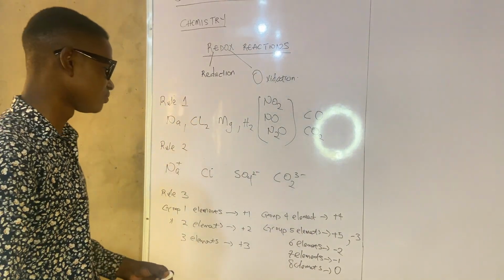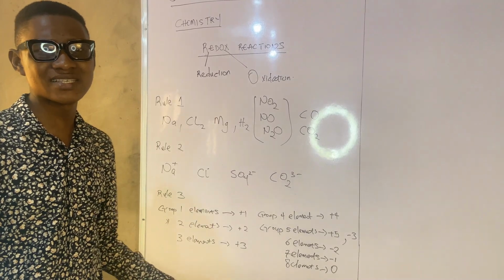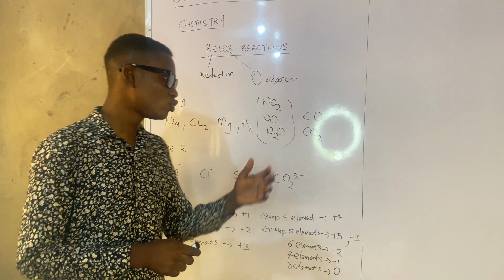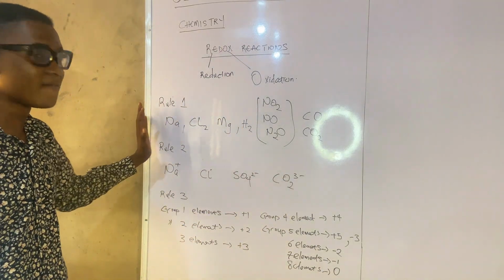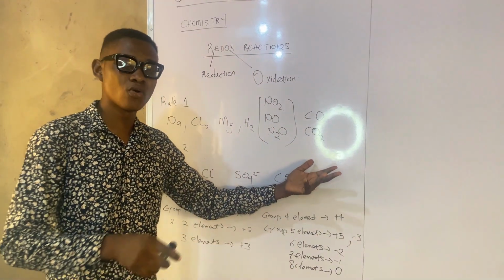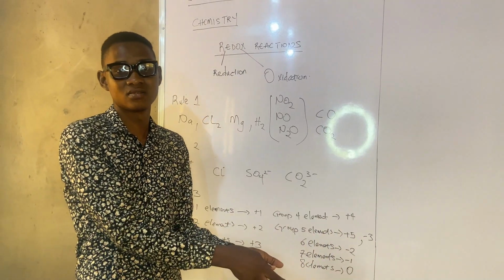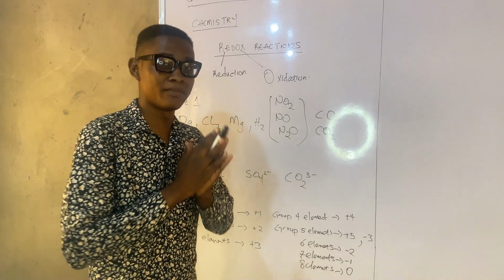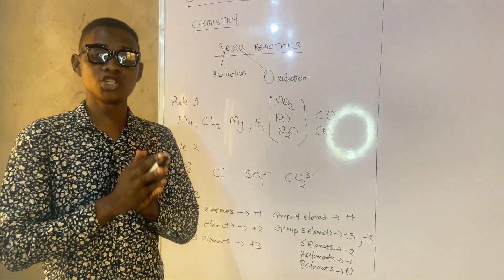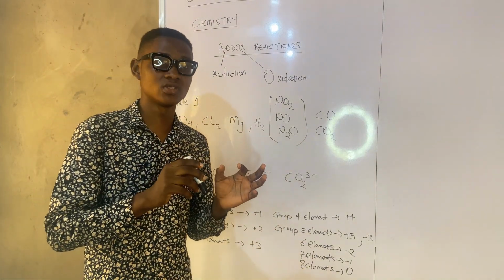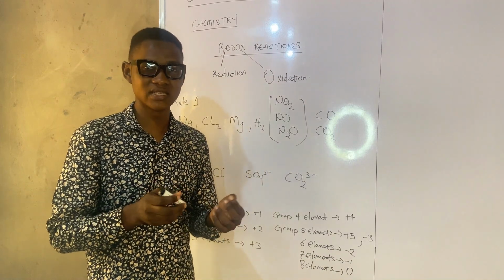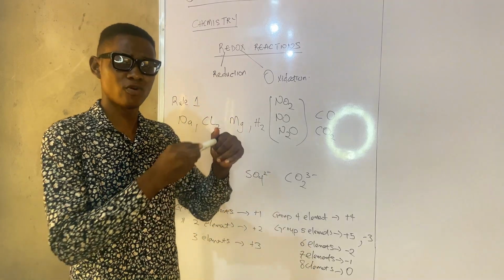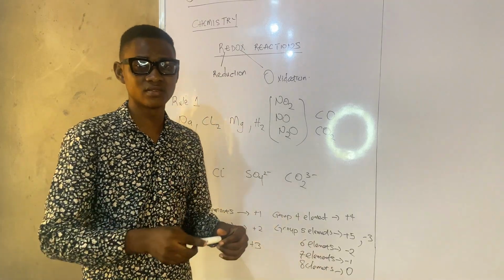Now, even after all this, there are still some things we need to know about oxidation numbers, because oxidation number varies based on the compound the element is in. Do you understand? By default, the oxidation number of hydrogen is what? Plus 1. Do we get? But that can vary depending on the type of compound hydrogen is in.